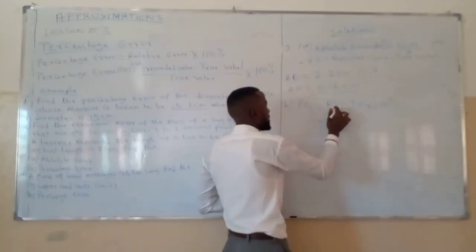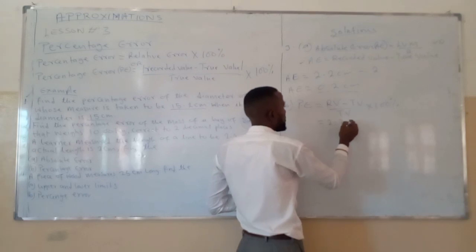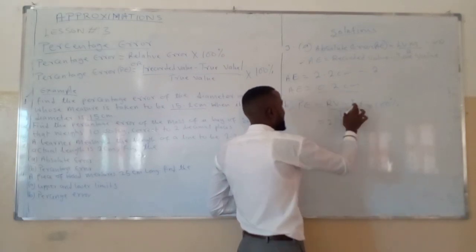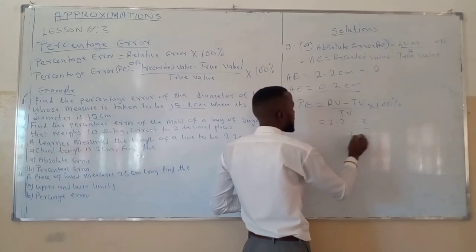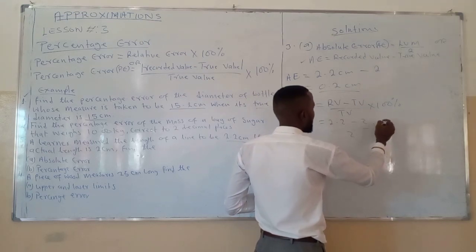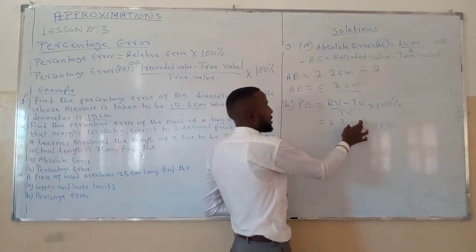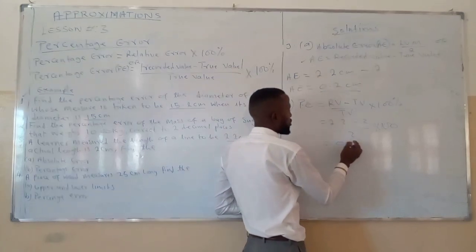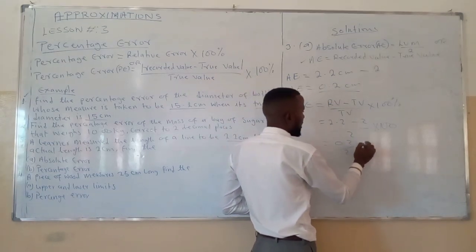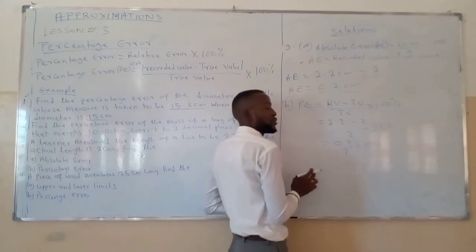So what is my recorded value? It is 2.2 centimeters minus, what is my true value? 2 centimeters, divided by 2, times 100. Therefore, what do I do next? I need to subtract these two. I have 0.2 divided by 2 times 100. How do I get rid of 0.2?